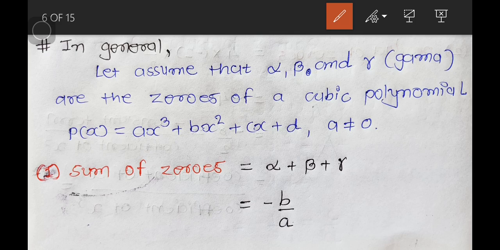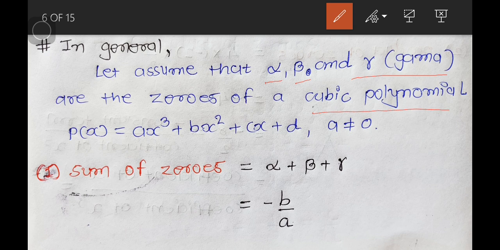So in general, for any cubic polynomial, let us assume that alpha, that we already studied, this sign is called alpha, this one is beta, and the third sign is gamma. So here the three symbols alpha, beta and gamma are zeros of a cubic polynomial, because a cubic polynomial has at most three zeros.